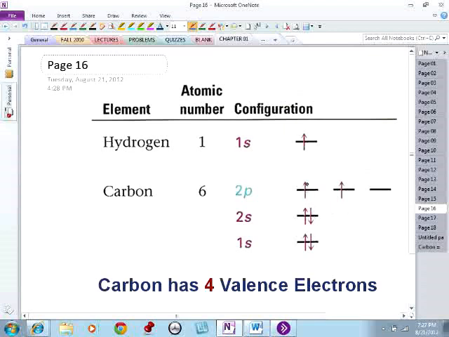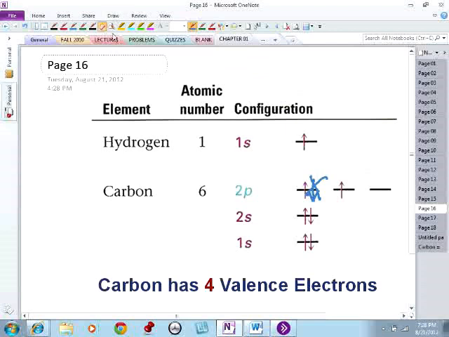In this case, notice what we've done. We place 1 electron on this orbital, and 1 electron on this orbital, and nothing here. You do not place both of them here. That is a no-no.